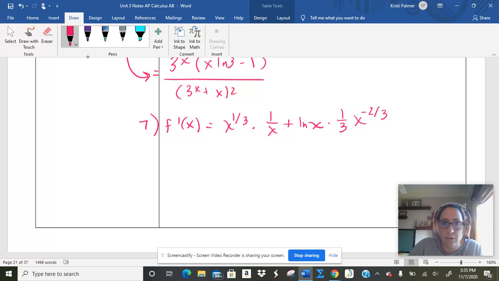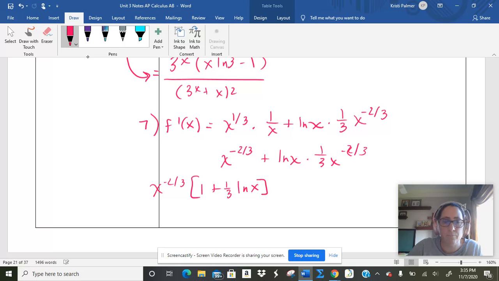And I'm going to factor out, well, let's reduce that first, x to the negative 2/3 plus the ln of x times 1/3 x to the negative 2/3. So I'm going to go ahead and factor out that x to the negative 2/3. So that would be 1 plus 1/3 times the ln of x.